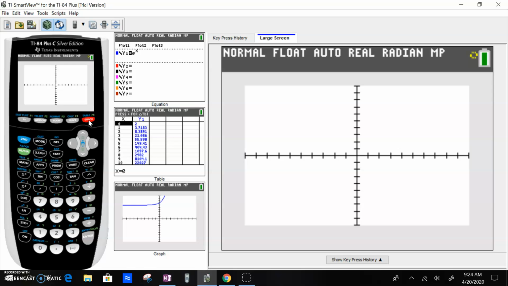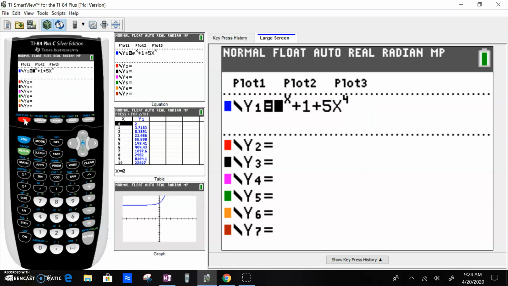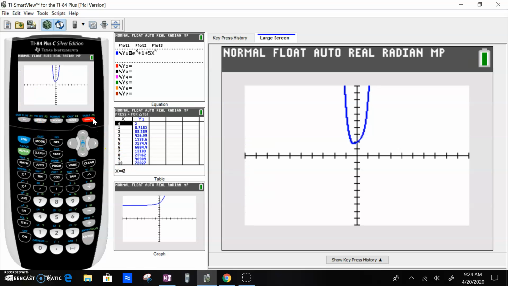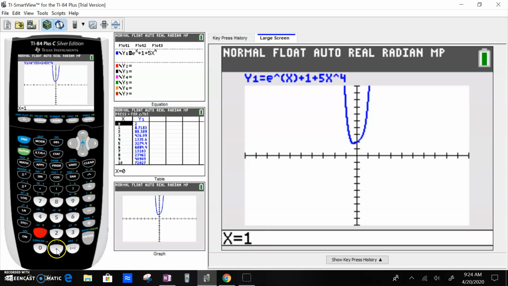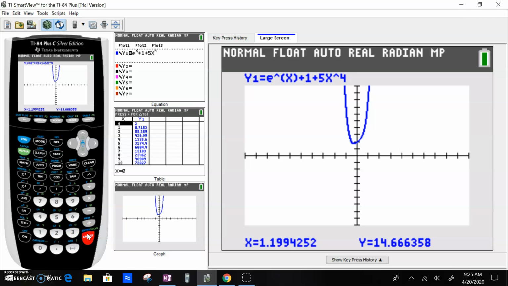And I can go over to the graph. And then we want to know what this graph is worth at 1.1994252. So again, this is a graph of the derivative of f. Assuming I have that correct. Yep, that looks good. And there's my graph. And then I'm just going to go trace, and I'm going to punch that value in. 1.1994252 and hit enter.